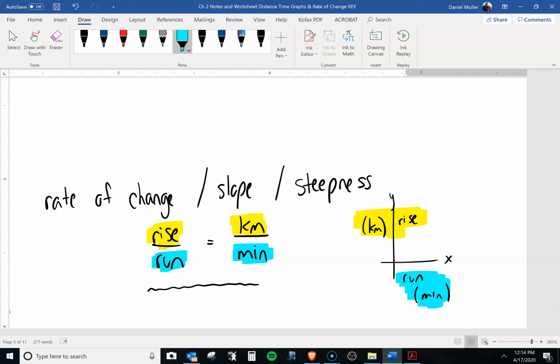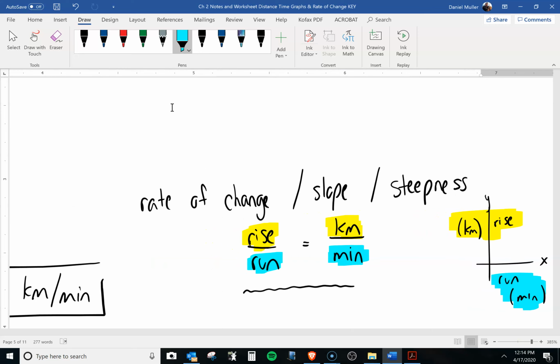So our slope is going to be kilometers per minute. So we have 1 kilometer per minute or 2 kilometers per minute. It means in 1 minute, we drive 1 kilometer. And in the fastest area, in 1 minute, we drove 2 kilometers. Those were our 2 slopes, or 2 rates of change, or our 2 steepnesses.